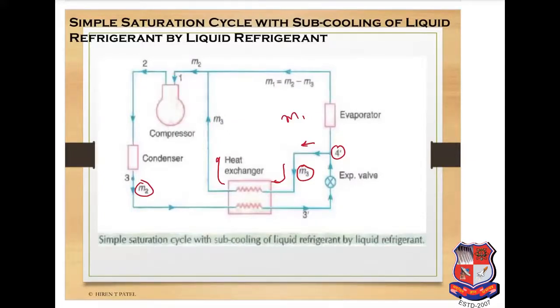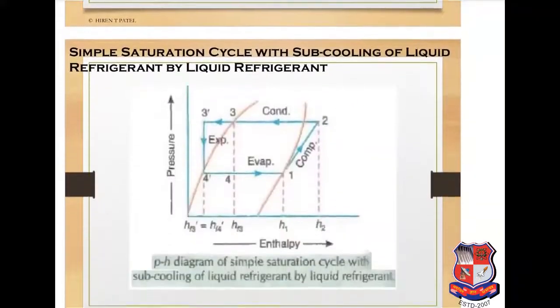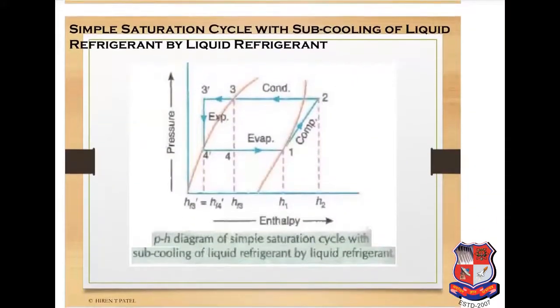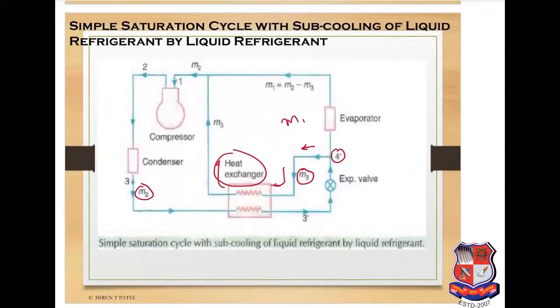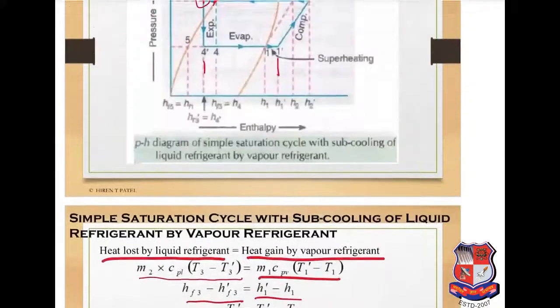So here a little bit of difference is there in the heat exchanger. Here we can see that in the pH chart the 4 dash point is on the saturated liquid. So the refrigerant leaving through the expansion valve is saturated liquid, with no vapor contained inside that liquid refrigerant.